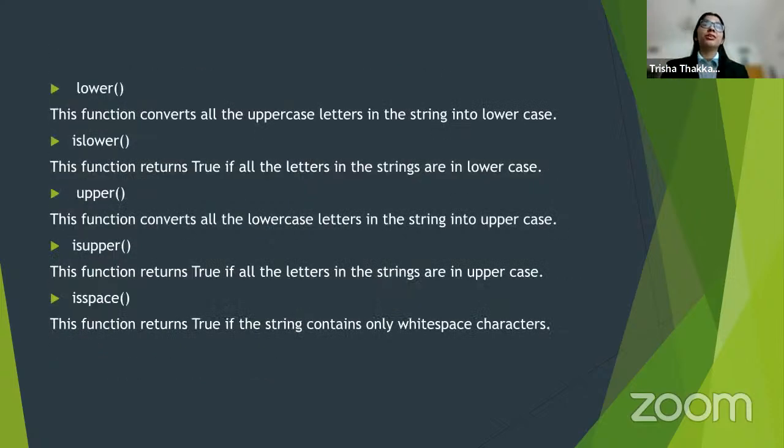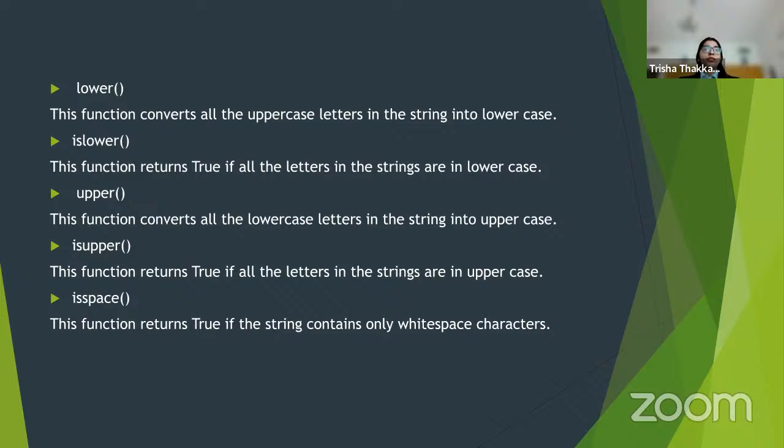A few more functions are the lower function. This function converts all the uppercase letters into lowercase letters. The islower function. This returns true if all the letters in the string are in lowercase, and if they're not, it returns false. The upper function. This function converts all the lowercase letters in the string into uppercase.